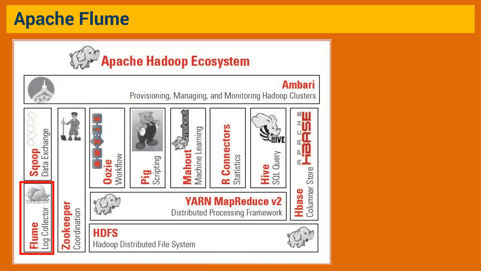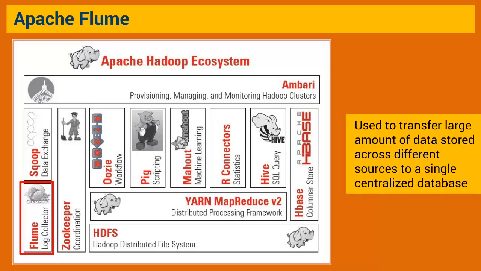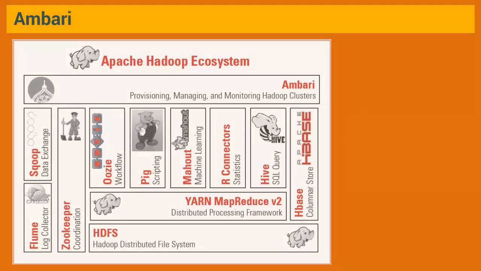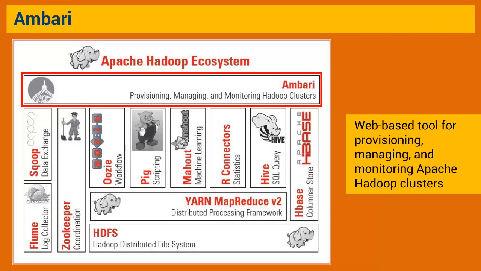Apache Flume is a distributed system that is used to transfer large amounts of data stored across different sources to a single centralized database. Flume is a reliable system and able to efficiently collect, assemble, and move data. Ambari is a web-based tool for provisioning, managing, and monitoring Apache Hadoop clusters.